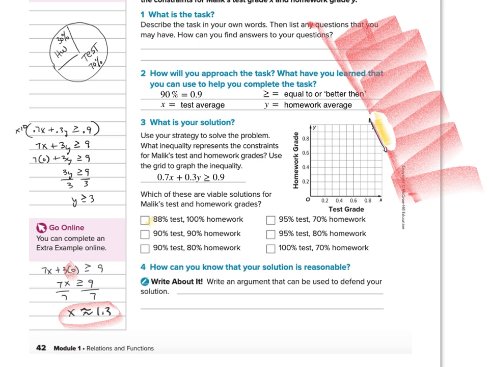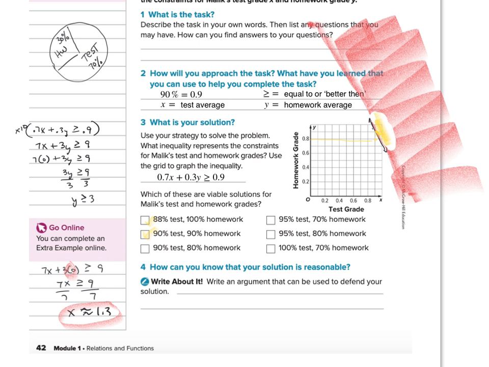A test grade of 90 and a homework grade of 90, so that would be right here. That is probably also going to work. 90 and 80. Now that one doesn't seem like it's going to work. So a homework grade of 80% and a test grade of 90, we are outside of the zone that would make it favorable for us.